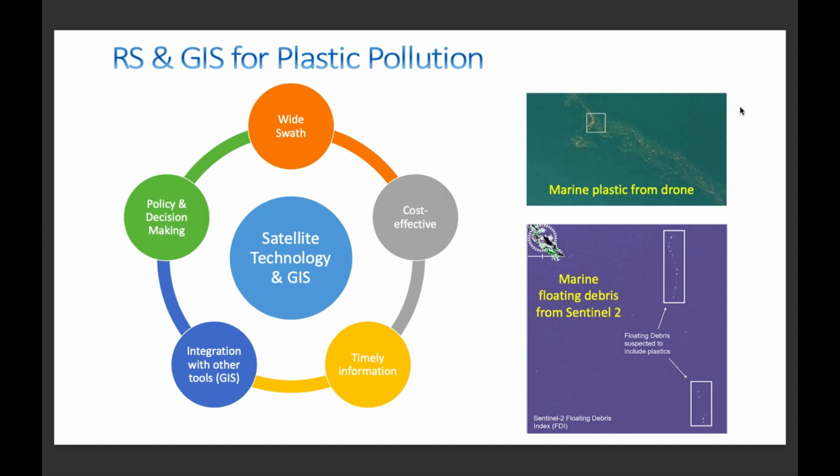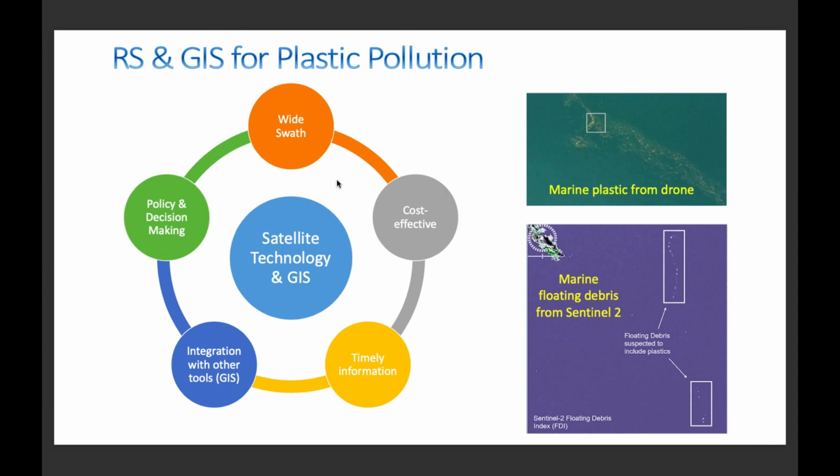And what we can get is the total extent and distribution of the plastics using remote sensing techniques. Of course, they are cost effective, as we all know, and we get real time data from this kind of platform. And when they are integrated with ground-based observations and crowdsourced data sets, along with modeling efforts in the GIS framework, they can be of huge help to policy makers, which can strengthen the regulations and also guide the resource allocation.